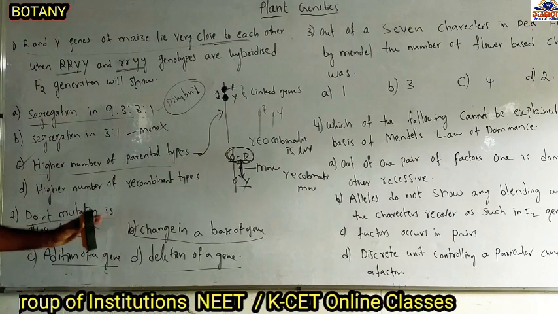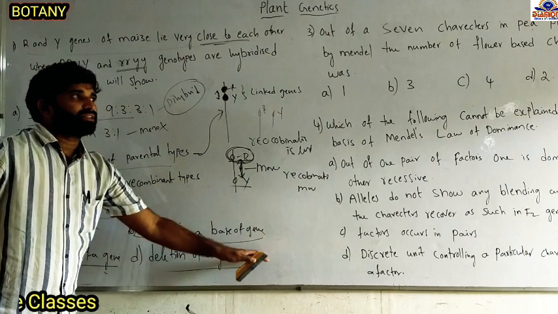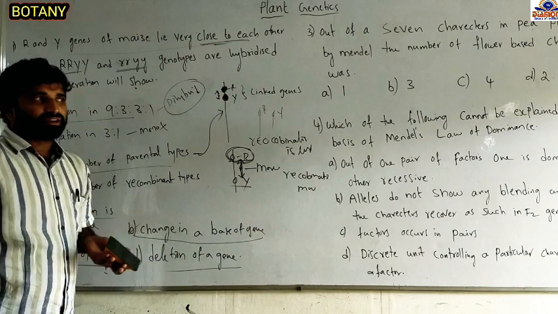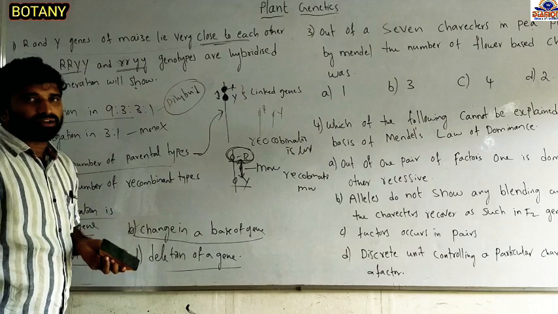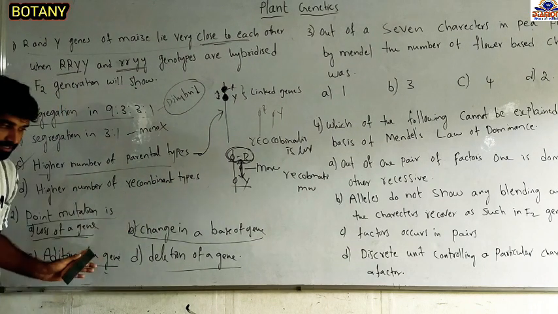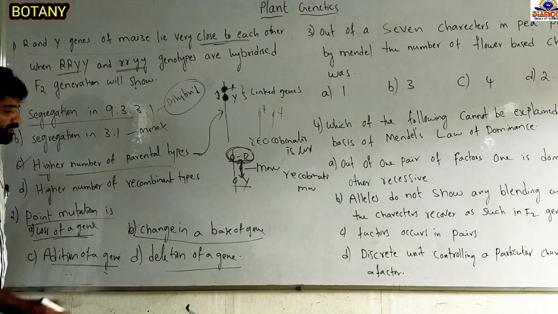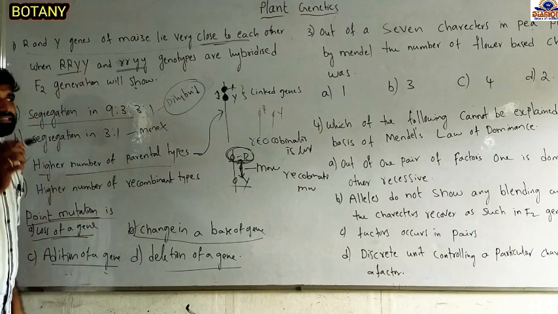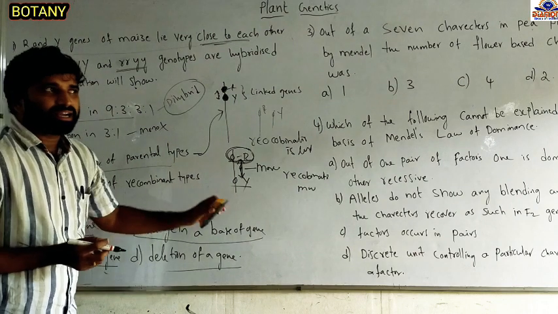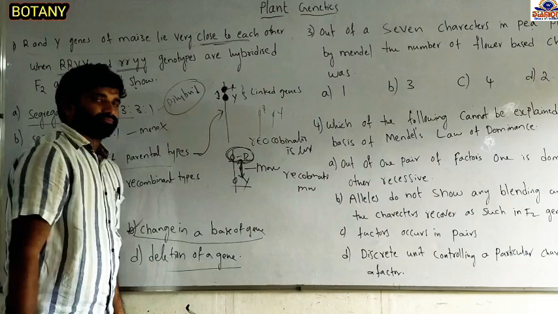If the gene sequence is changed by the changing of more than one base, more than one codon, those are different types of mutations. But point mutation means a single nitrogen base pair or nitrogen base changes.